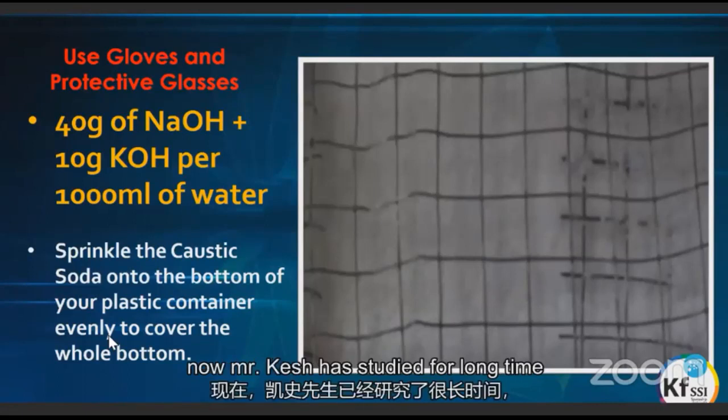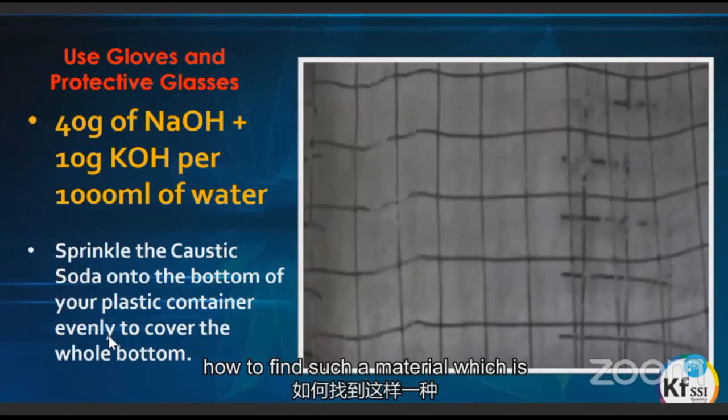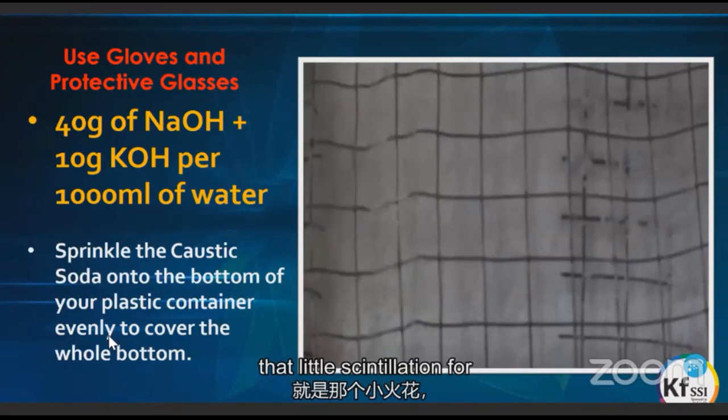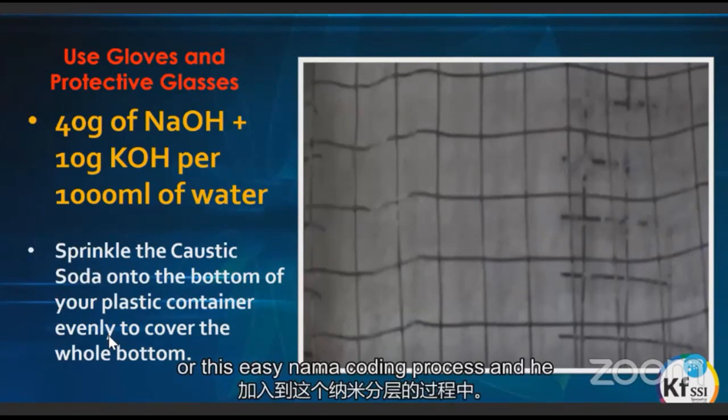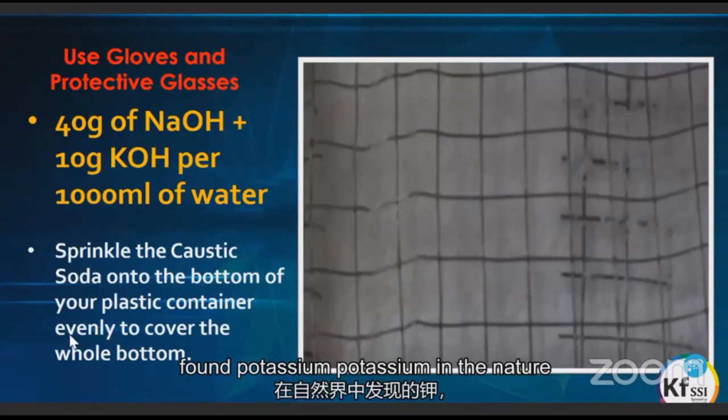So now Mr. Ketch has studied for a long time how to find such a material which is slightly radioactive to give that little scintillation for this easy nanocoating process, and he found potassium.